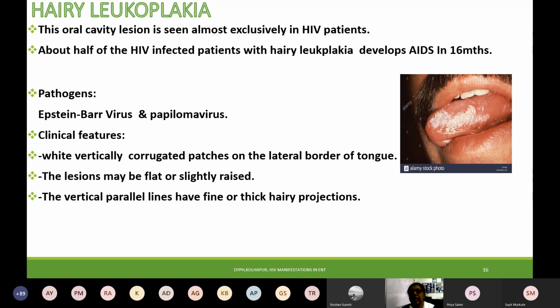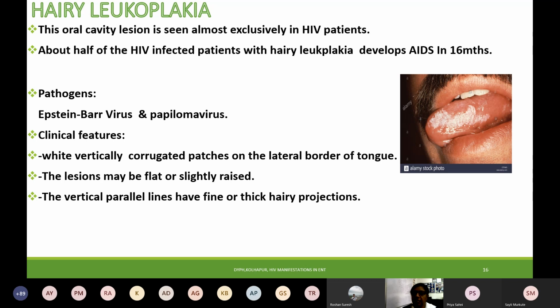Next is hairy leukoplakia. This oral cavity lesion is almost exclusively seen in HIV patients. If you see a picture like this, you must always think about HIV. About half of HIV infected patients with hairy leukoplakia develop AIDS in 16 months. The pathogens are Epstein-Barr virus or papilloma virus.